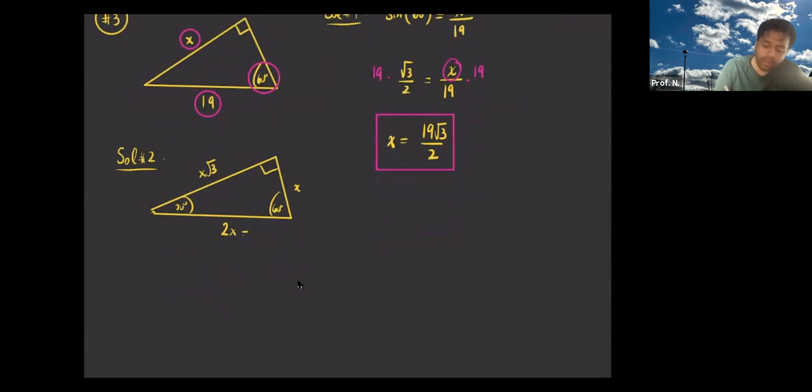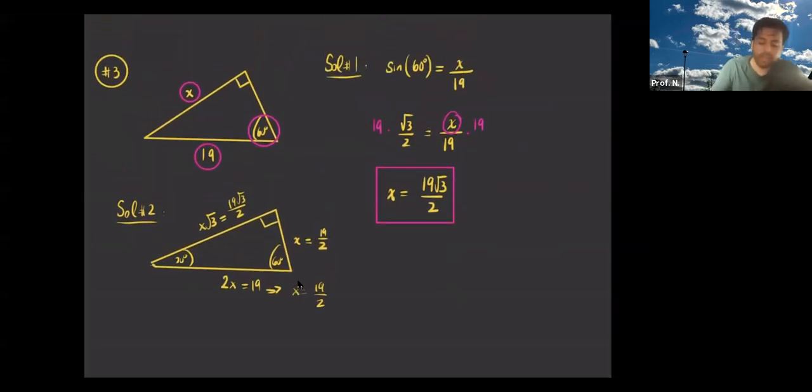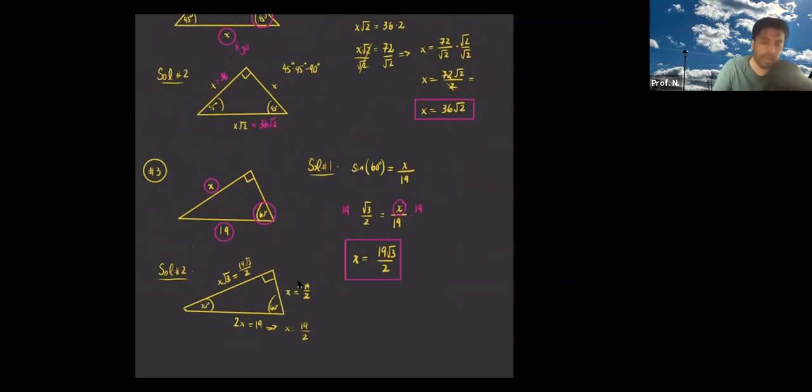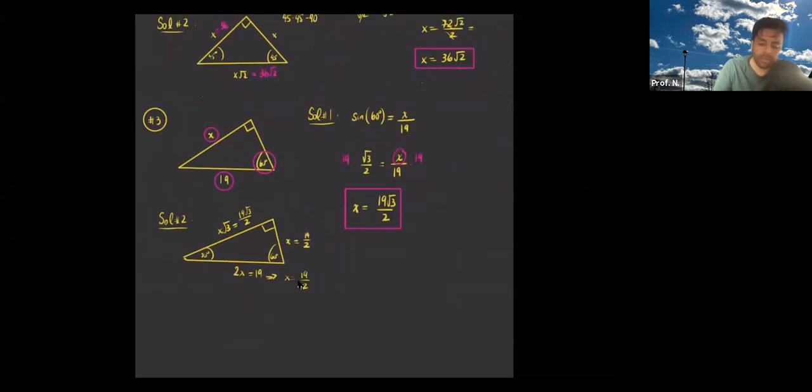So if you know that this is 19, because that's what they give me, I want to find the opposite side of 60. Well, the first thing I know is that I can figure out what X equals. X equals 19 over 2, which is this side right here. And then once I know X, I can just attach the rad 3, and the answer should be 19 rad 3 over 2. So again, these are the type of problems that you're given in the first batch.